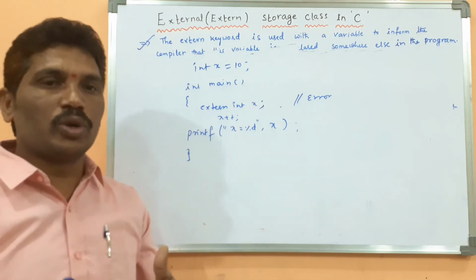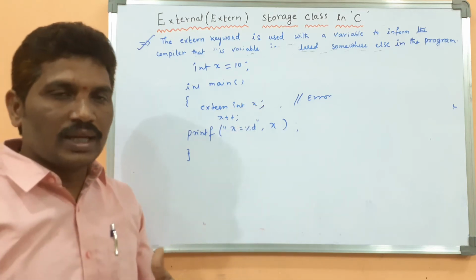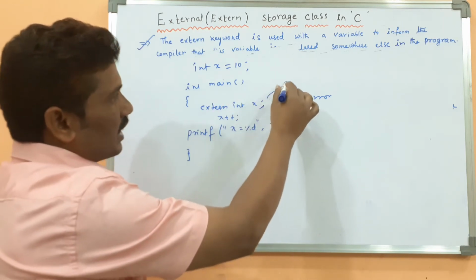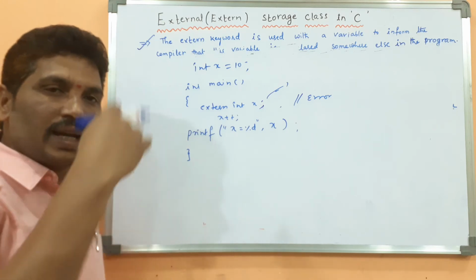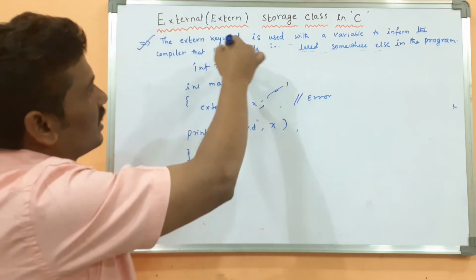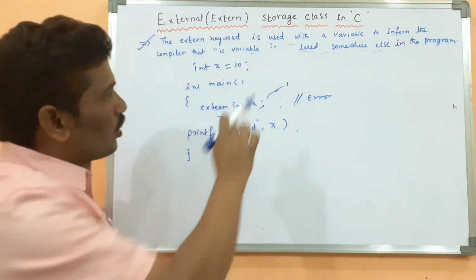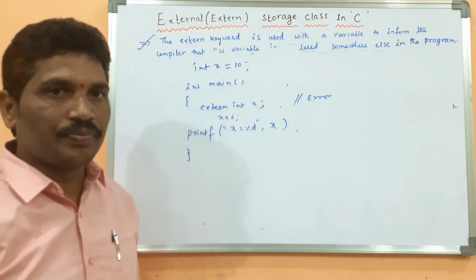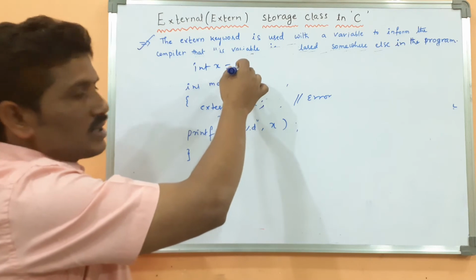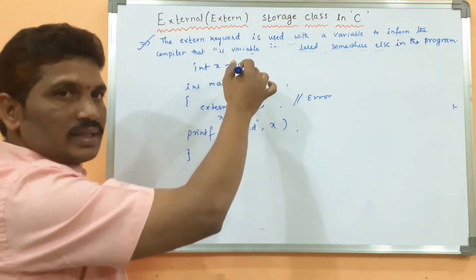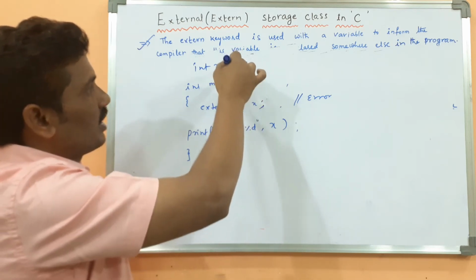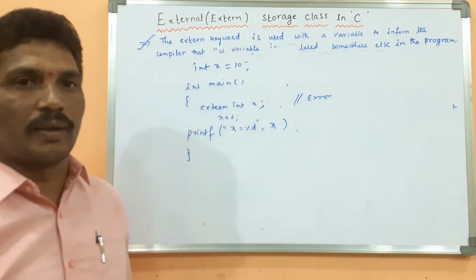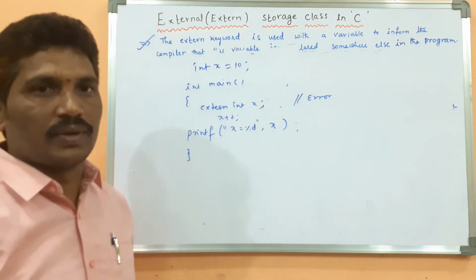You can save memory when using an external variable. Whenever you write the extern statement, memory is not allocated, because it has been defined somewhere else. The memory is allocated only there. If you write the statement this way, then the program is correct, because the external variable has been defined or initialized globally before the main function.